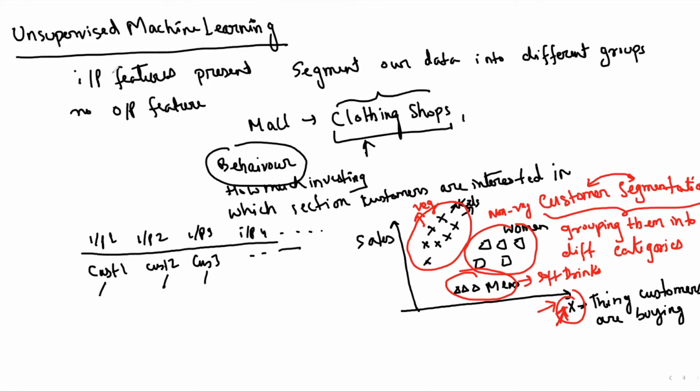So this is all about unsupervised machine learning, and it's very important to know because this is also one of the use cases. This is also one of the demands in the market, right? This is a very small gist about unsupervised machine learning.